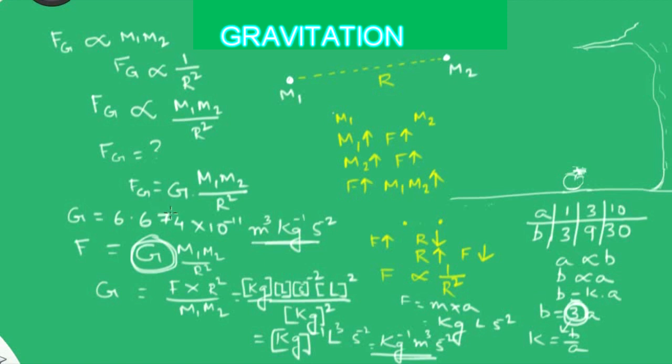Given this, you can find the force of attraction of any object throughout the universe. If any object is there in the universe and you need to find the force with which you are attracting that object, or that object is attracting you, you just ask what the mass of that object is and how far the object is from you, and you can directly find with what force that object is attracting you, or you are attracting that object.